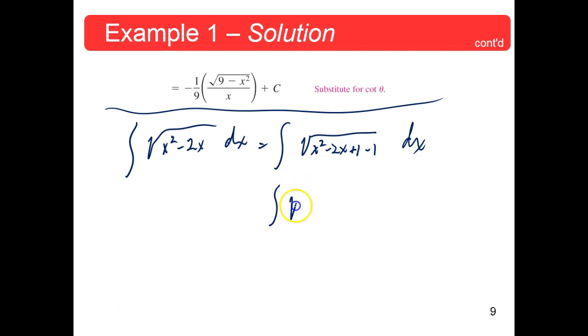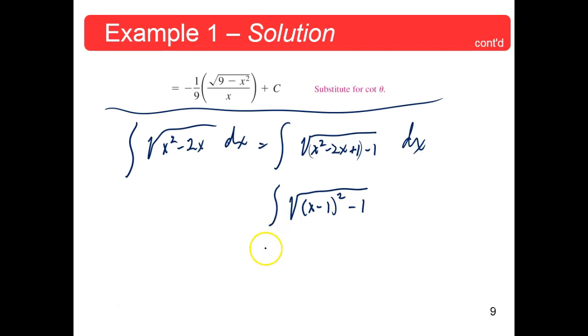This will be the integral of the square root of. This is now a perfect square trinomial. That's why we completed the square. The perfect square trinomial would be x minus 1 squared. Remember that? Then you got your -1 here. What does that look like it might be? Secant again.